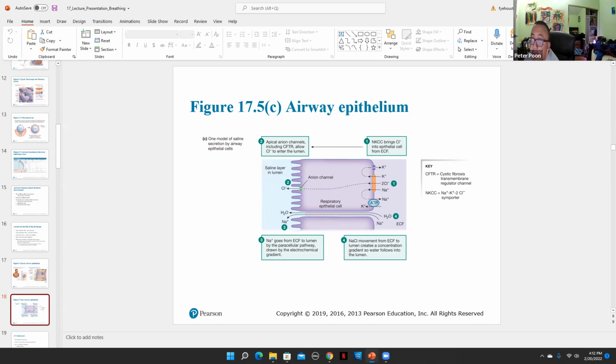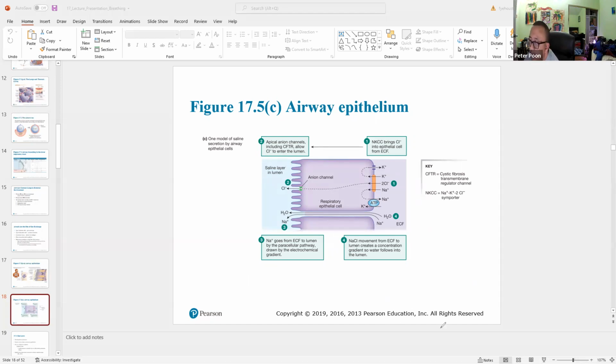Now, imagine that this is gone. If this is gone, then this is gone. So no more water, no more sodium, no more chloride. The most important thing is no more fluid, so that becomes super thick.